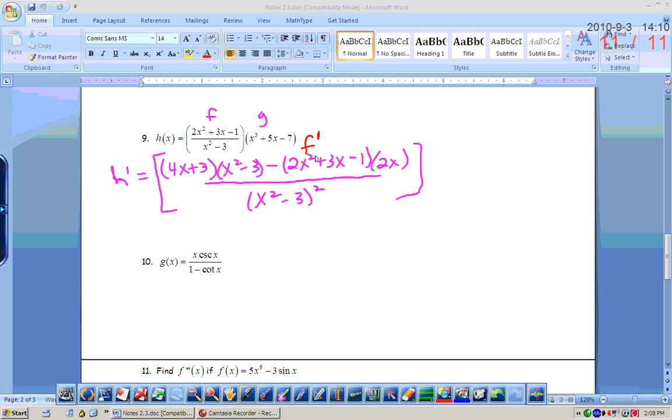And the product rule is the derivative of the first and then times the second. So now I need to do, is that x to the third? Plus 5x minus 7. And then plus f times g prime.